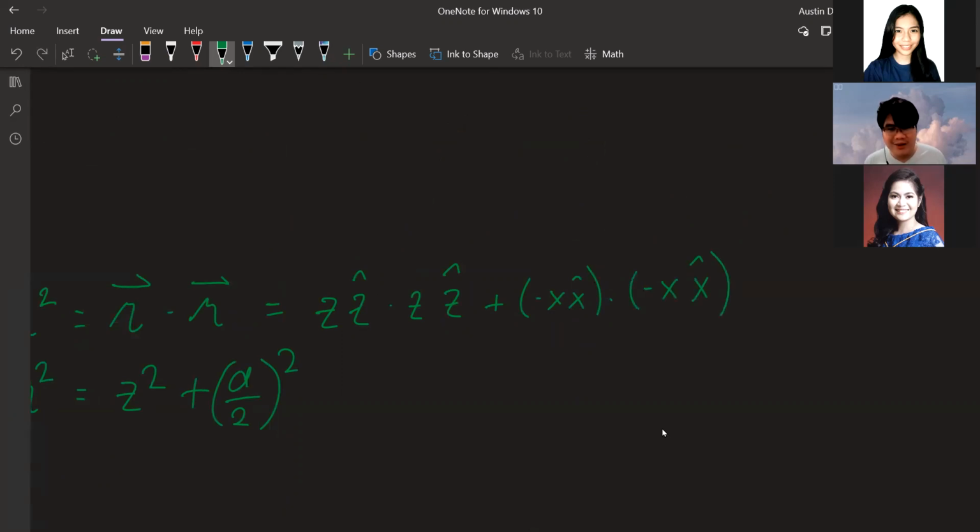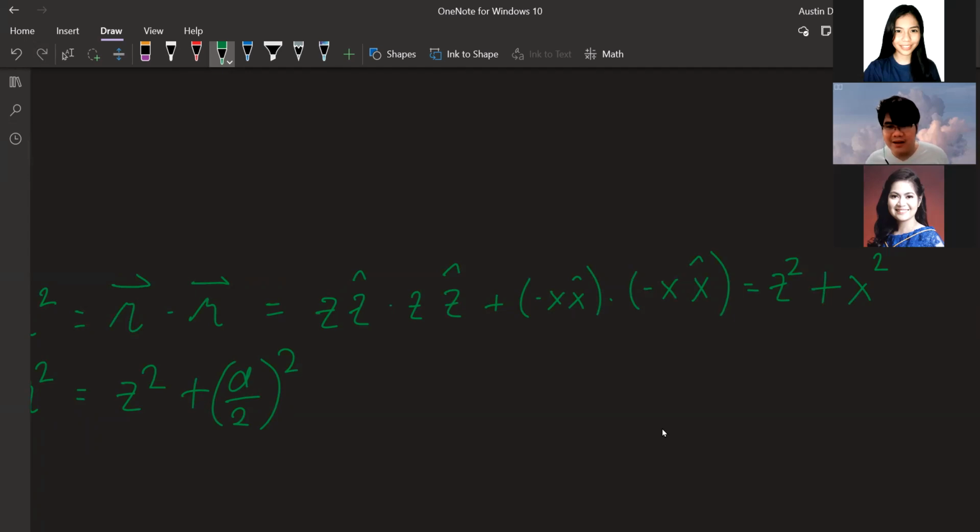Okay, madali lang to gawin, di ba? Kung mapansin nyo, ito ay z squared lang. Then, magka-cancel yung negative. So, I'm left with positive x squared. Okay? And this is it.